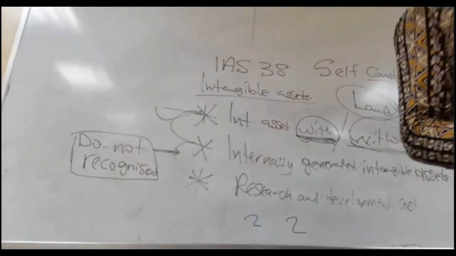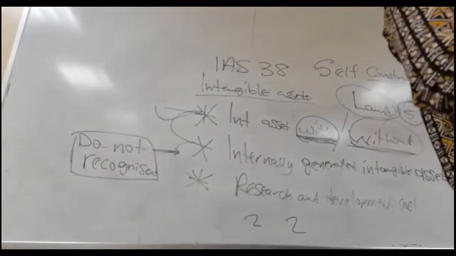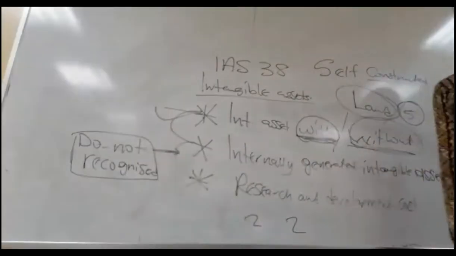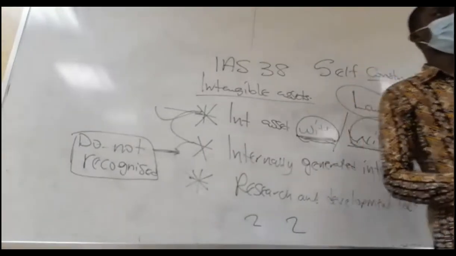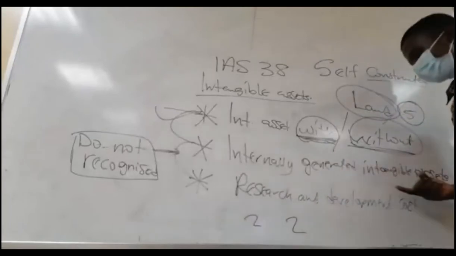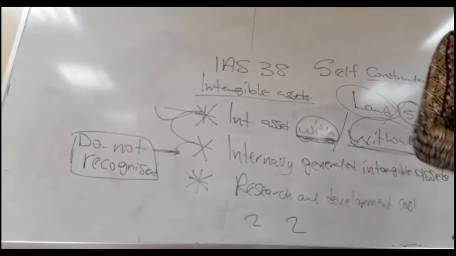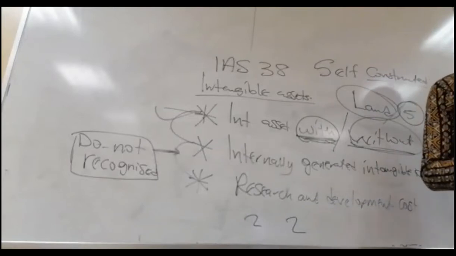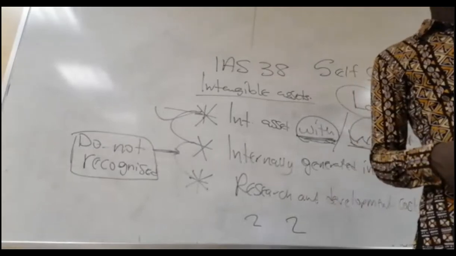So self-constructed assets whose cost you cannot separate must not be recorded as intangible assets. Good. So now we are done with internally generated intangible assets. We are not saying outright that we never record internally generated intangibles.